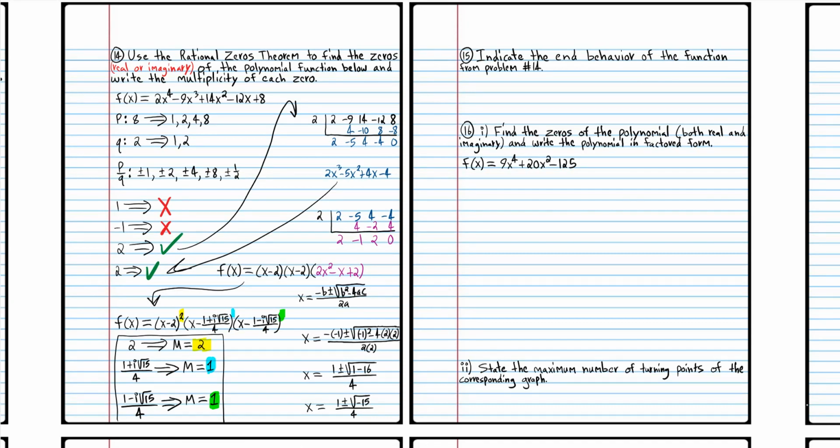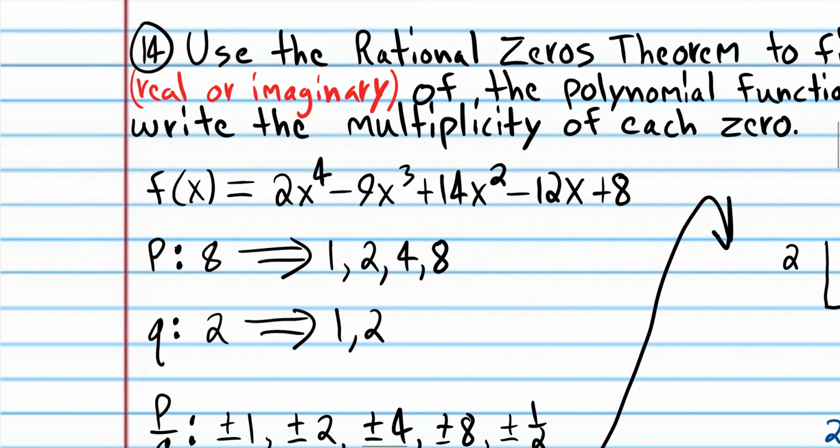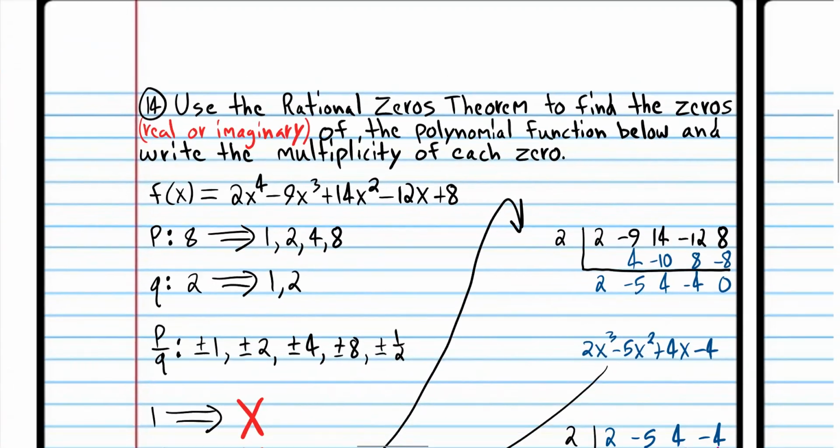Alright, we're back. So to find the end behavior of this function, we only need to analyze the first term, because it's a polynomial function. The first term determines what's going to happen to it, because this fourth power is going to increase a lot faster than any of the other expressions.